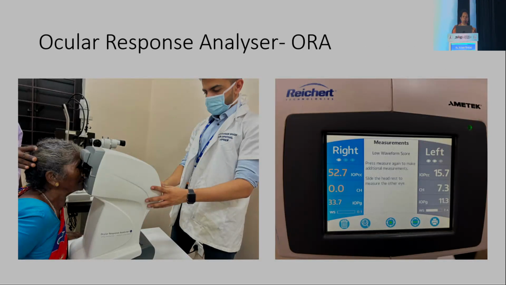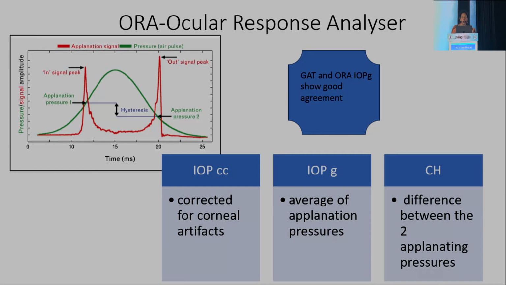The Ocular Response Analyzer, ORA, is a very good instrument for measuring corneal hysteresis. It works on non-contact technology, using an applied force, and an electro-optical system measures the applanation. You get the right and left eye with the values of IOP-CC, CH, and IOP-G. When force is applied on the cornea, it causes applanation, the deformation.